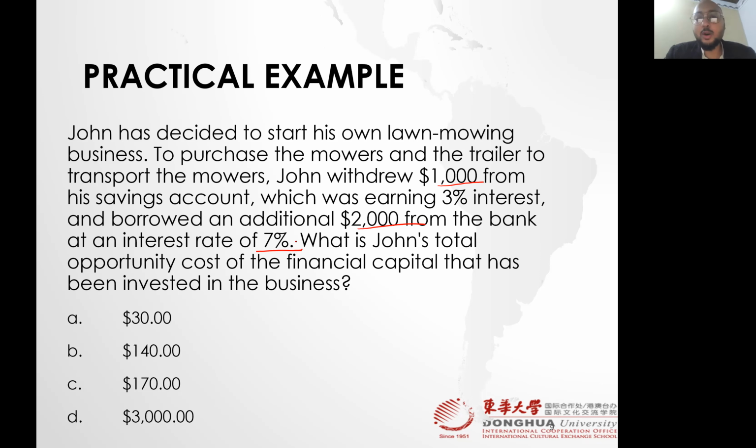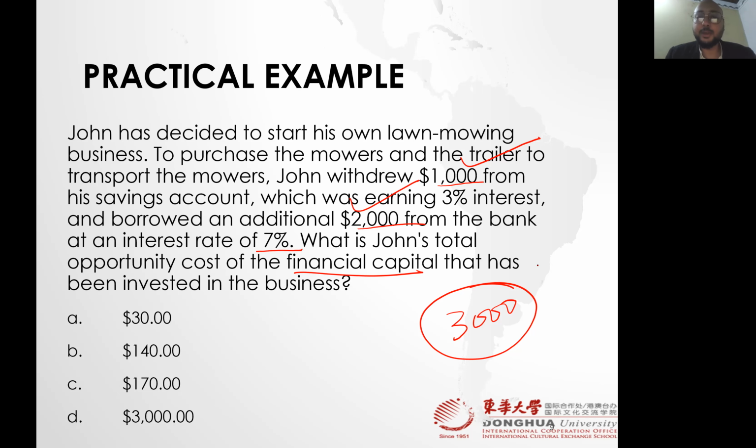What is John's total opportunity cost of the financial capital that has been invested in the business? So how much has he invested? 1,000 from his own pocket, 2,000 as a loan. So total investment is 3,000. So you tell me the cost. How much is the opportunity cost?